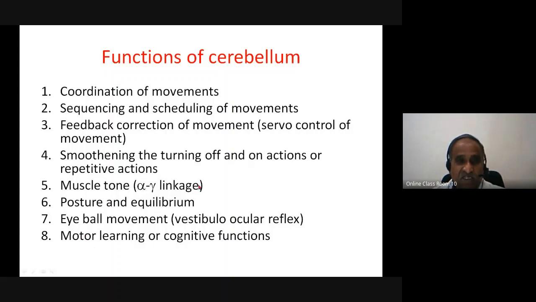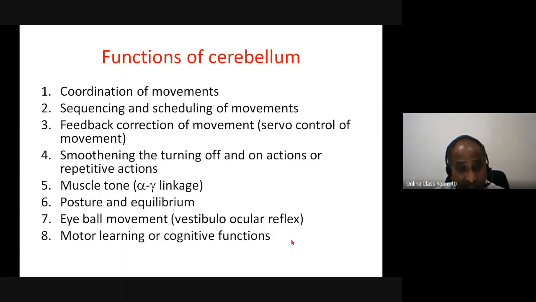Then the cerebellum has motor learning and cognitive functions. That means there is what is called synaptic plasticity, in the sense they try to smoothen your actions. They become perfect, and they will try to monitor all that.